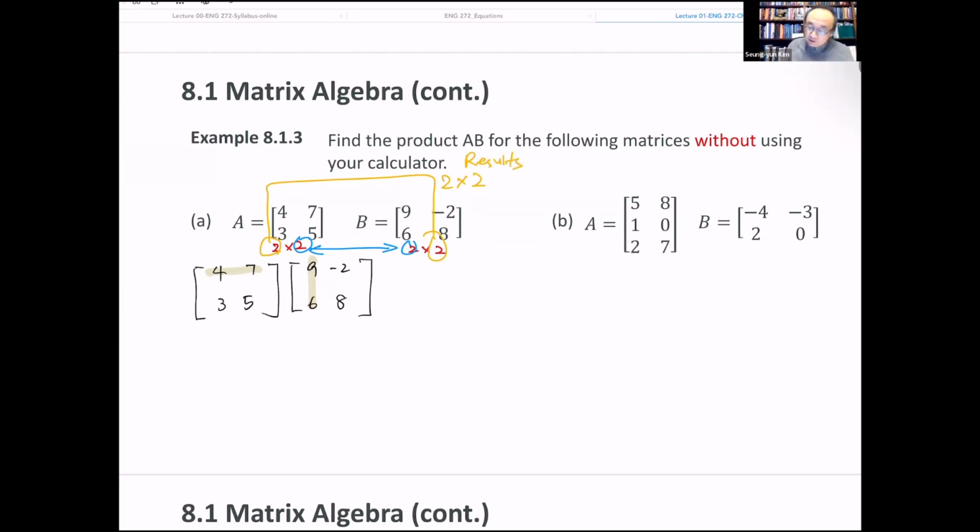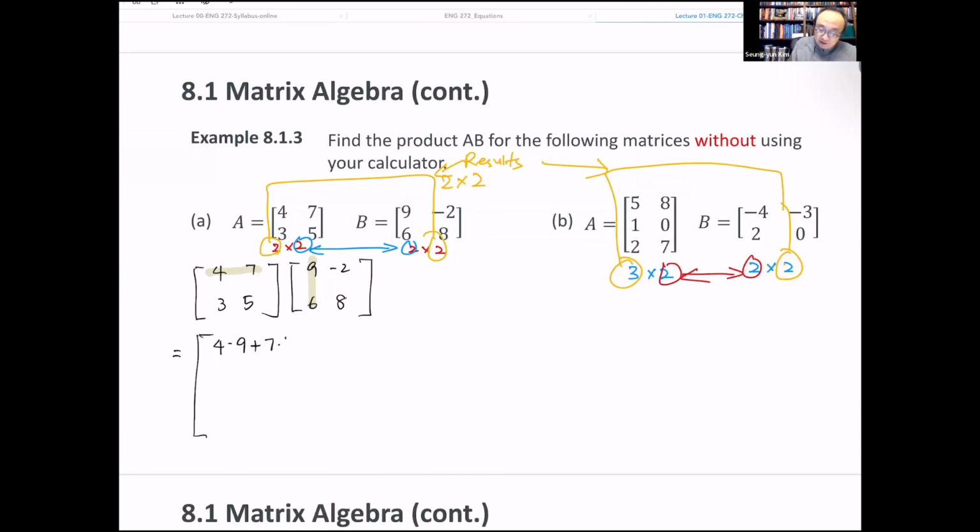This first one is 3 by 2, the second one is 2 by 2. Again, the inner numbers are the same, so we can multiply, and the result is going to be the outer numbers. Let's do this. 4 times 9 plus 7 times 6. That's the first row, first column, so we use the first row and the first column.